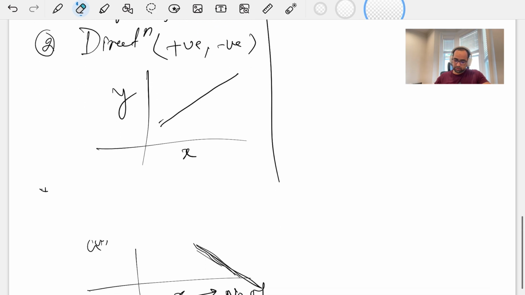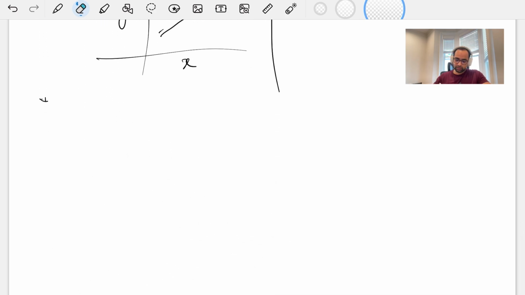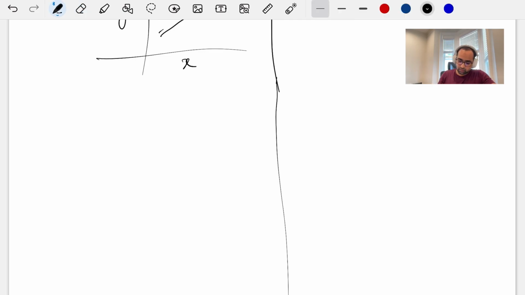Maybe I'll write down the correlation formula. If you want to get the correlation, then you can use this formula.